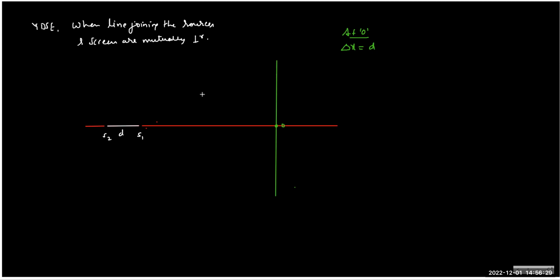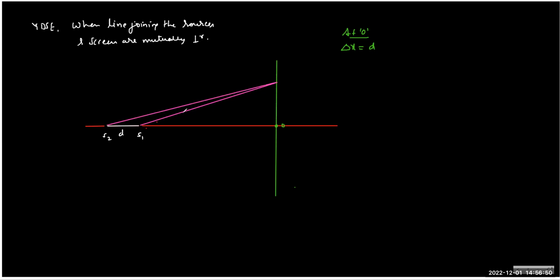So if it is 4 lambda now, then 3 lambda will occur above the O, right? Do you realize what I'm saying? For a lesser path difference, we have to move away from the O point.